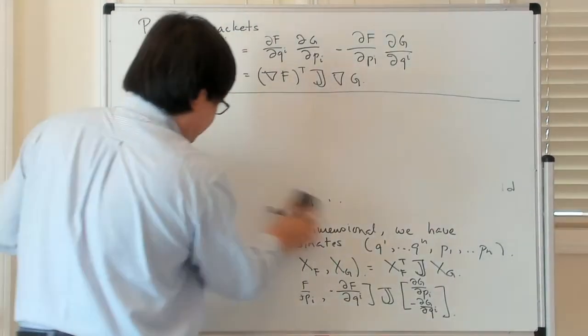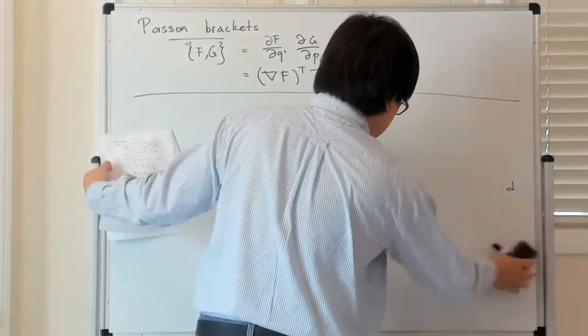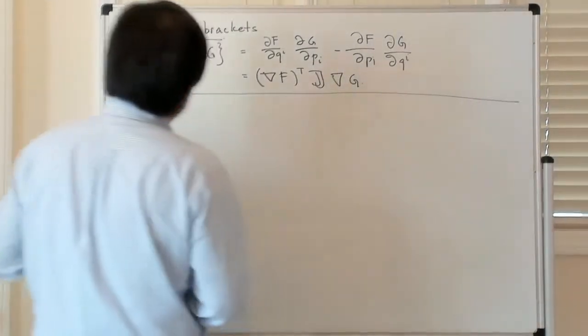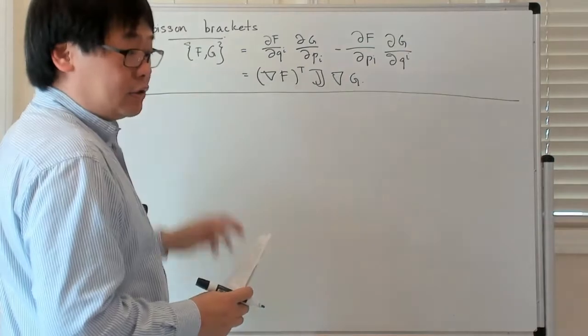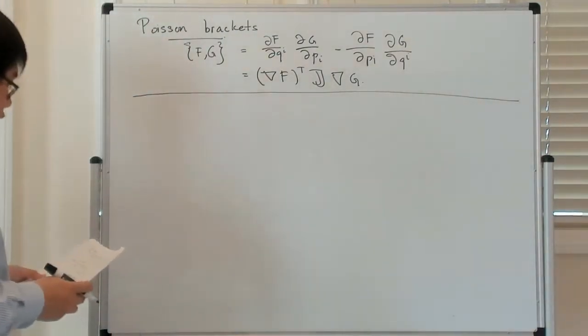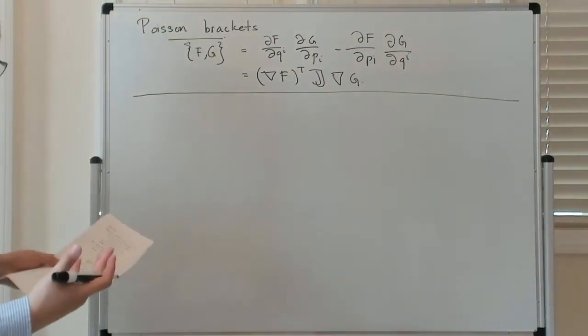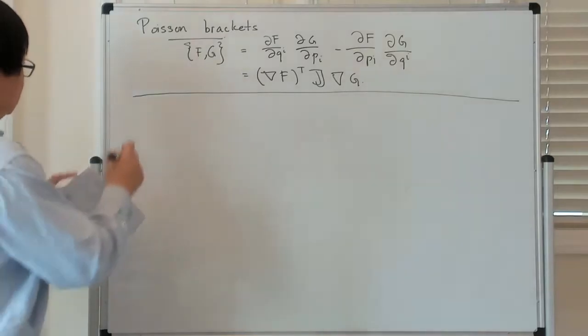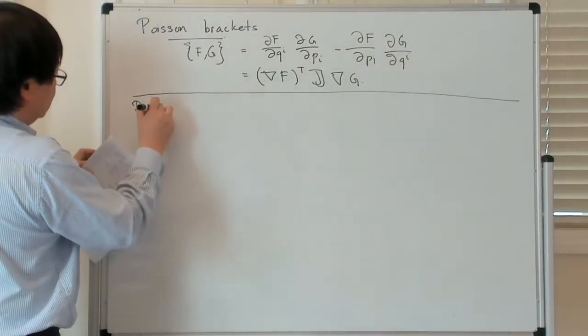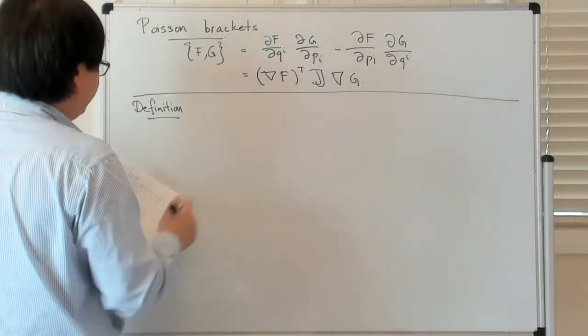So another object which is of interest. This Poisson bracket takes two scalar valued functions and gives you another scalar valued function. There is also another bracket which takes pairs of vectors and gives you another vector. This is what is called the Jacobi-Lie bracket.